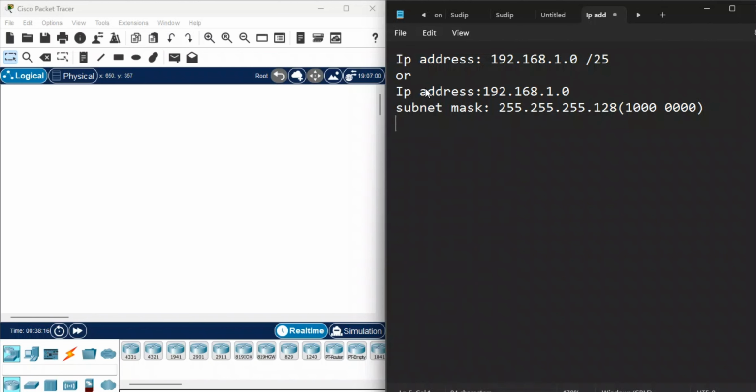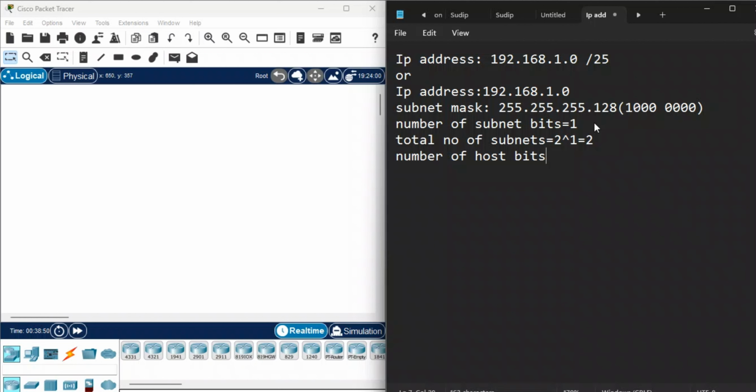Here the number of subnets is equal to 2. The number of host bits is equal to 7.